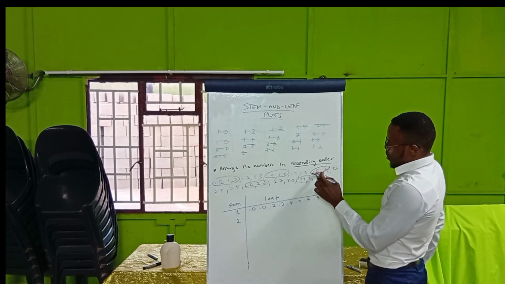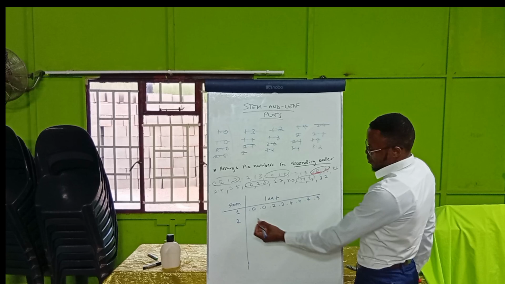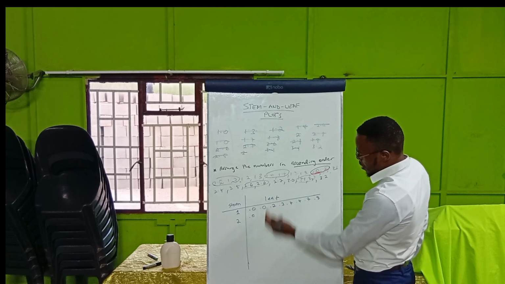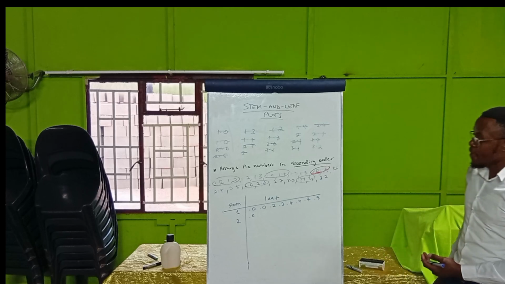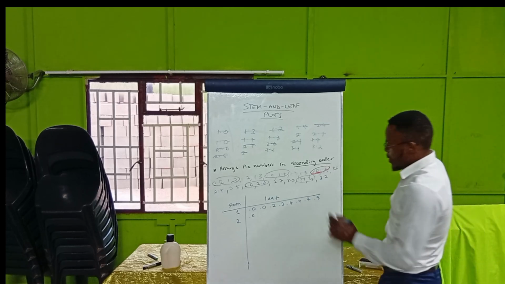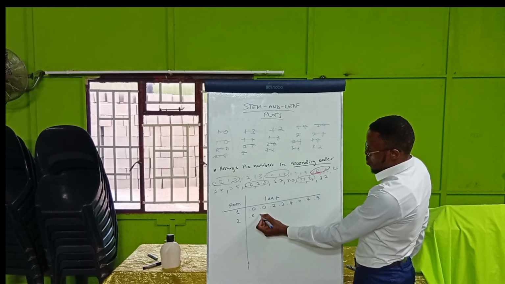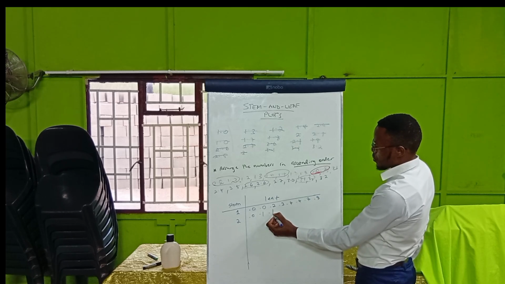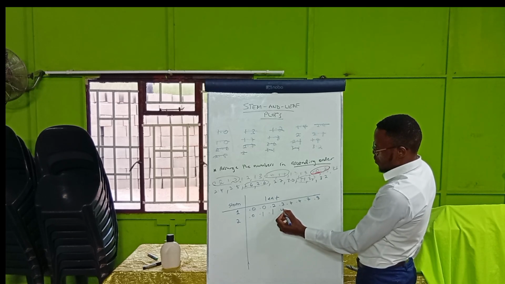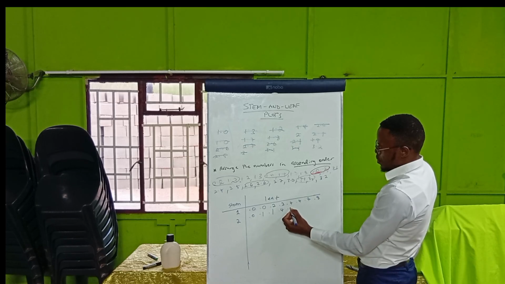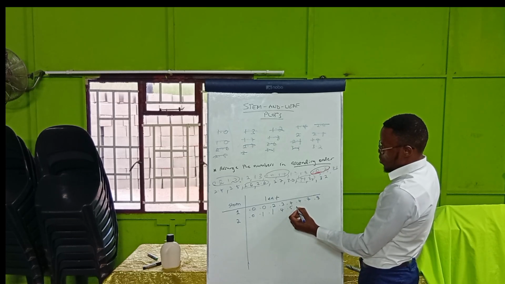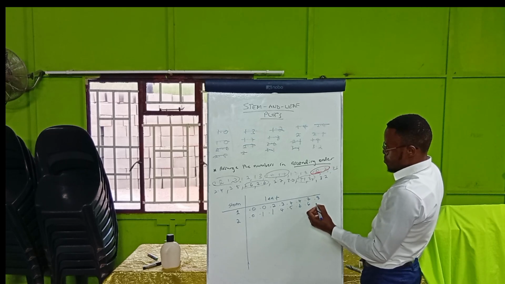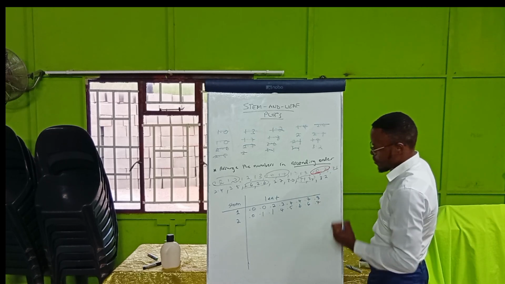Okay, so the first number that we have now is 2.0. Notice that the leaves should be aligned. So everything should be aligned. Then again 2.1, 2.4, 2.5, 2.6, 2.6, 2.7.